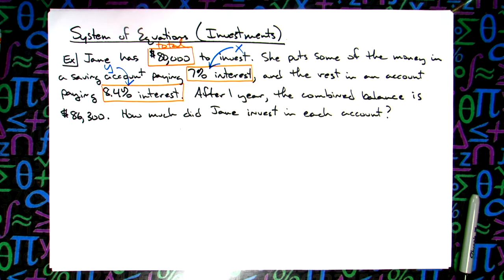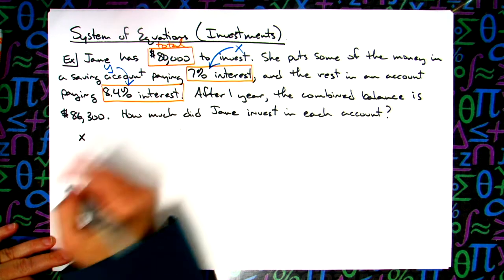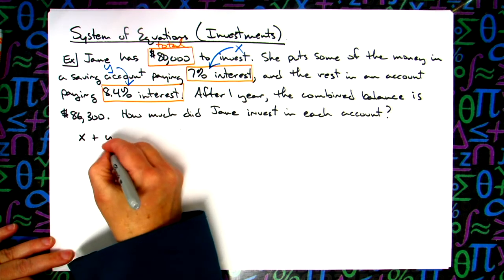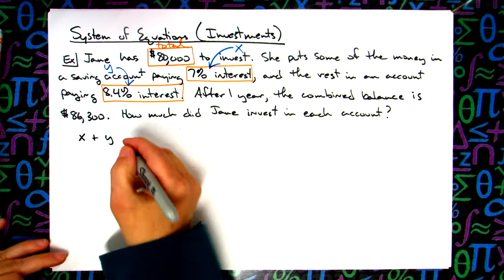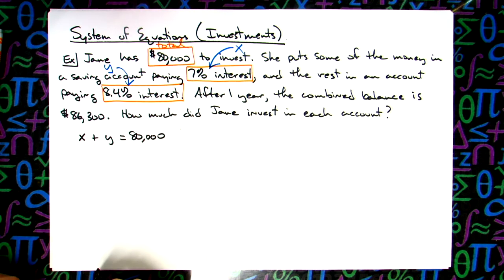However much money she put in that 7% interest account is x. The amount she put in the 8.4% account is y. And those two numbers have to add up to the $80,000. So the first equation is always going to be simple because it's going to be x plus y equals the total amount.